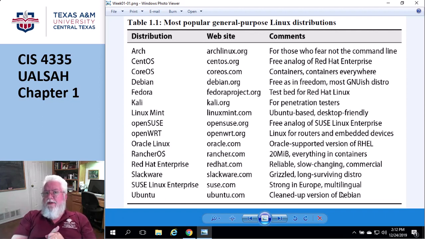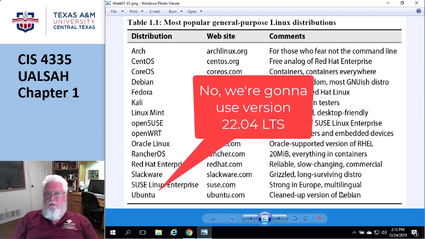Okay, we're using Ubuntu, and we're going to be installing the server version with no GUI support whatsoever. Later on, we're going to be installing the workstation support, which comes with tons and tons of GUI support, but that'll be much, much later in the course. Okay, so we're going to be using 18.04 LTS. That's the flavor of Ubuntu that we're using.